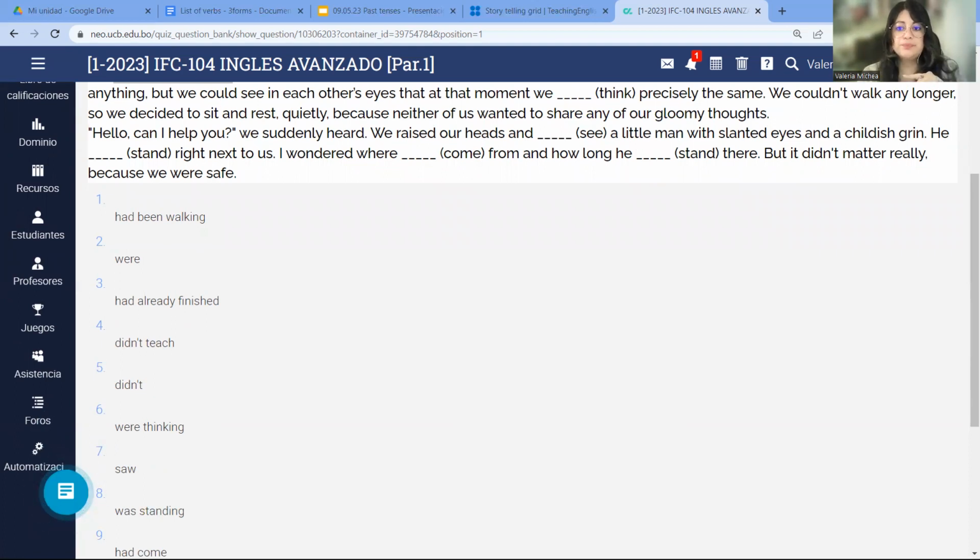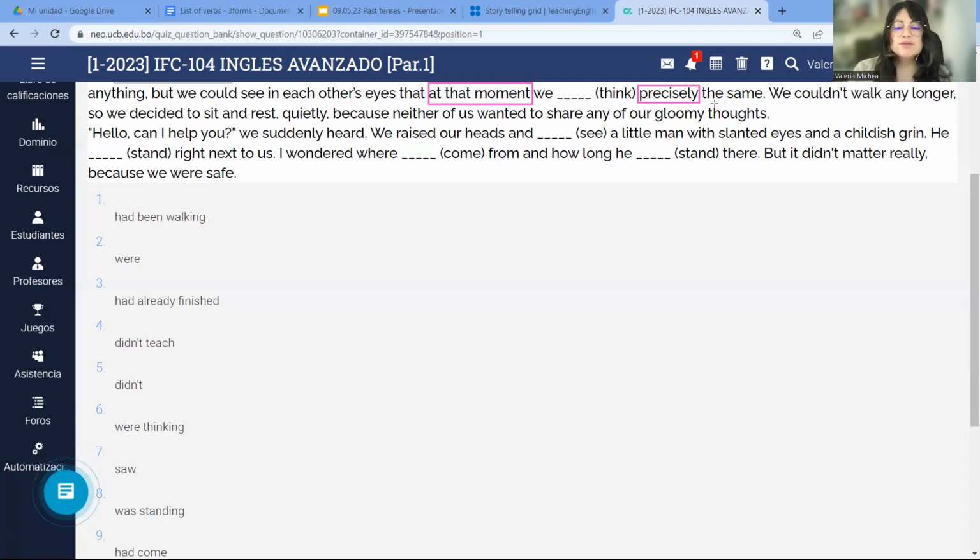Then let's continue: "But we could see in each other's eyes that at that moment we precisely the same." So here, let me give you a tip. "At that moment" and "precisely" also help us.